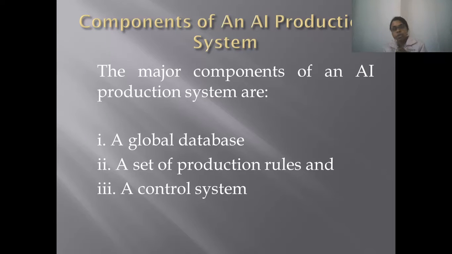Every task should mention the deadline, or it should be very clear in your mind how much time it will take to complete that task, right? So there is a requirement of a control system also. So it is the third component of a production system.